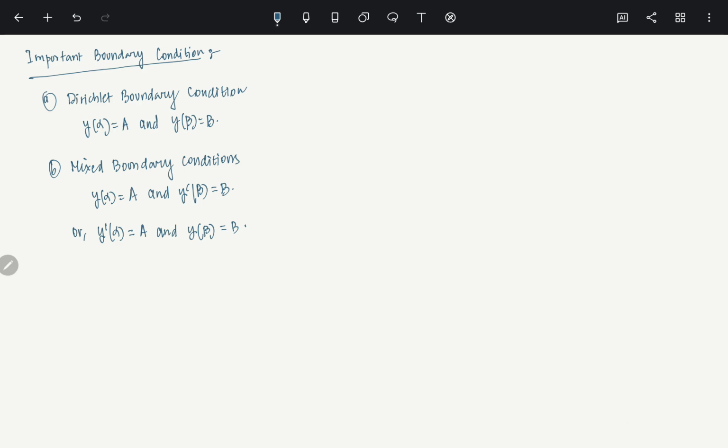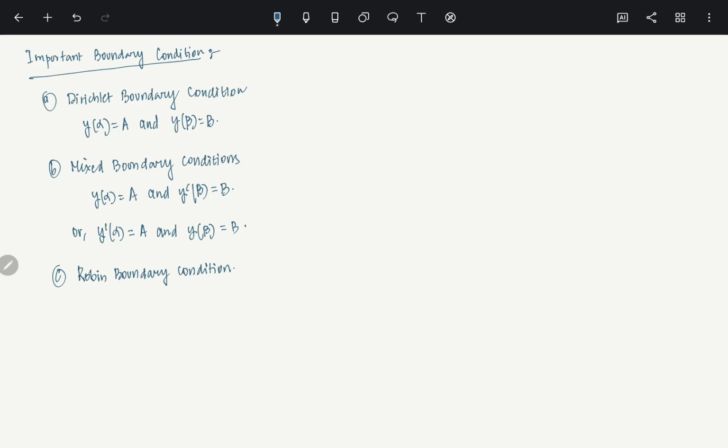Okay? And there is another one which is called C. For now we'll just call it a Robin boundary condition. Okay, what is this?